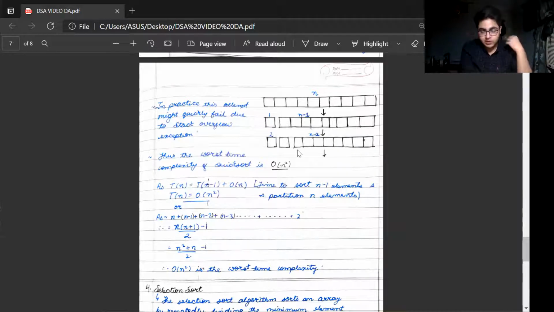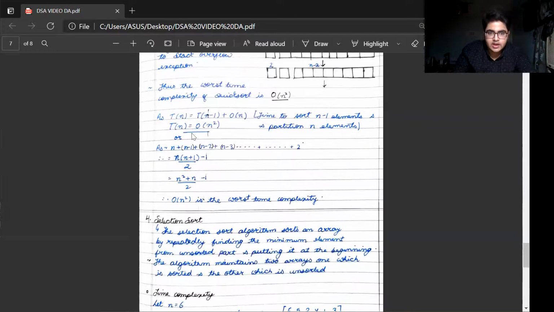Initially we don't have any pivot element in the first step, then the pivot elements are 1, then 2, and that goes on. Thus, the worst case time complexity here will be n squared. Now, how can we derive that? We can derive it using the normal method or even the recursive method. Basically we obtain T(n) equals T(n minus 1) plus n, and then we can solve it and we get n squared.